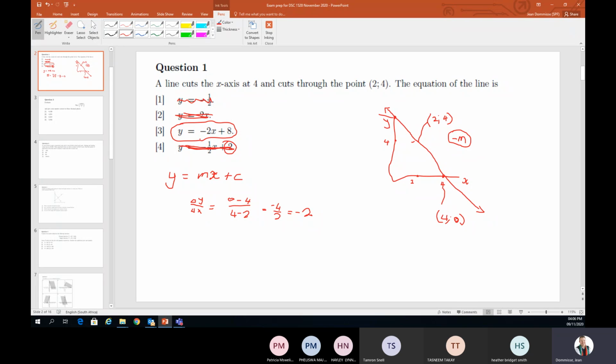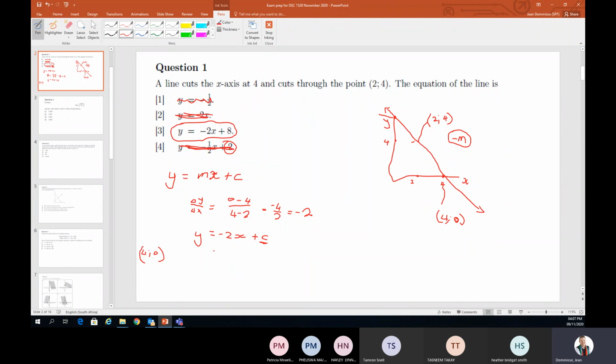Then we already know that we are sitting with y is equal to minus 2x plus c. If we want to calculate the c, we can use that point or that point and put it into the equation. So let's put in the 4 and the 0.